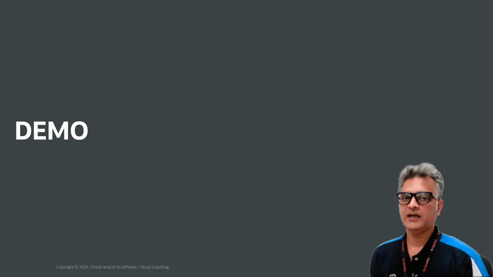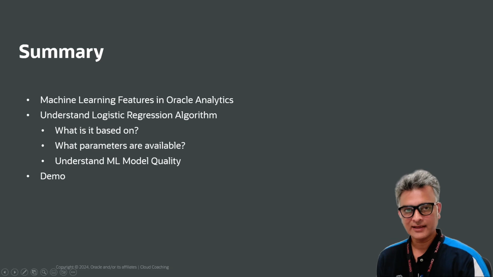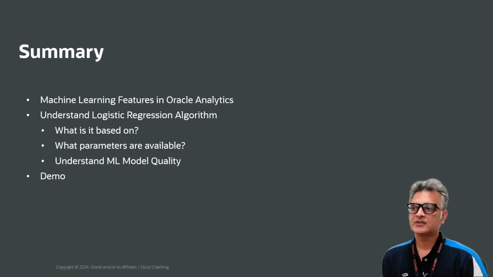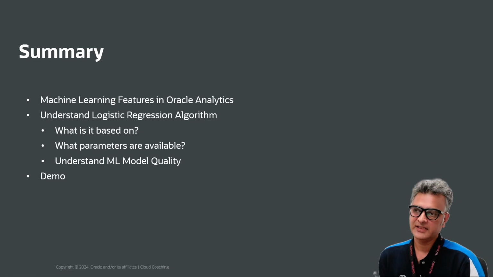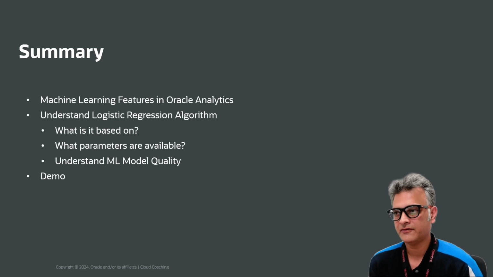Now that we have come to the end of the demo, let's summarize what we have learned in this particular cloud coaching session. To start with, we understood the various machine learning features and options that are available in Oracle Analytics platform.